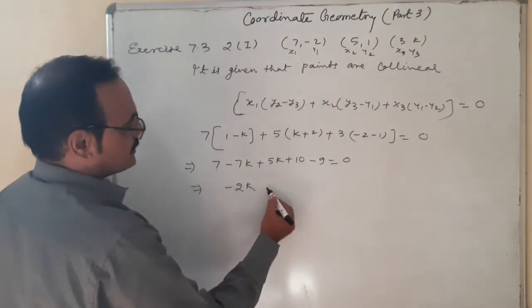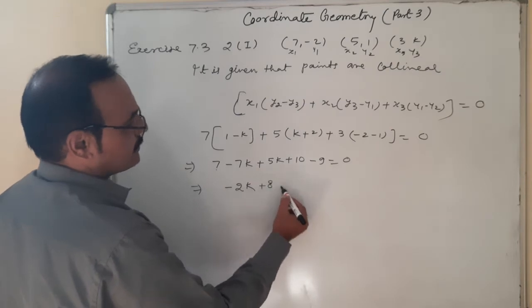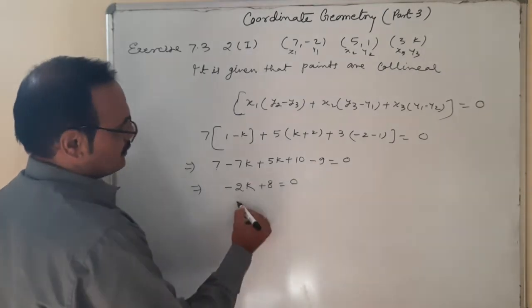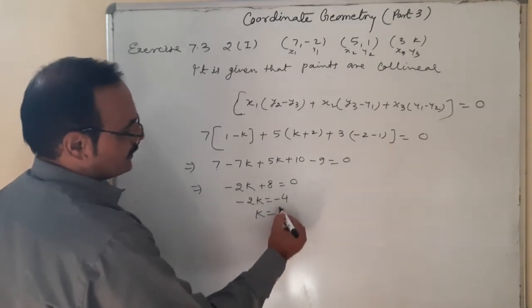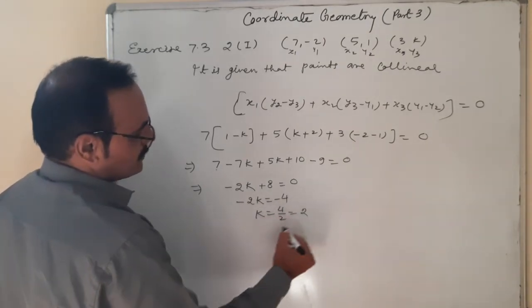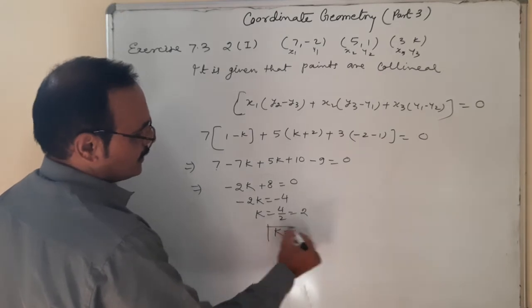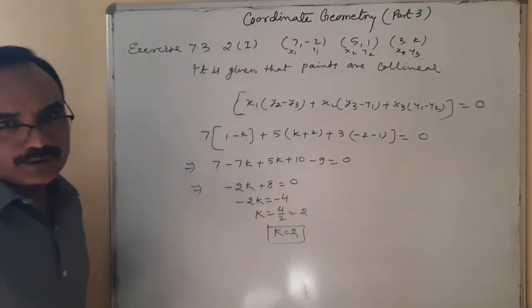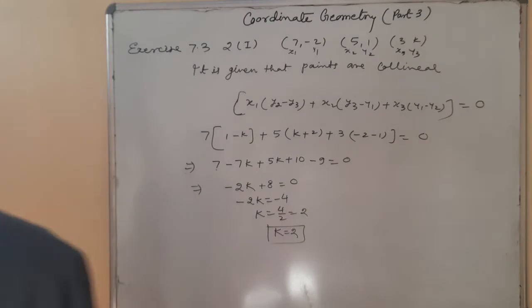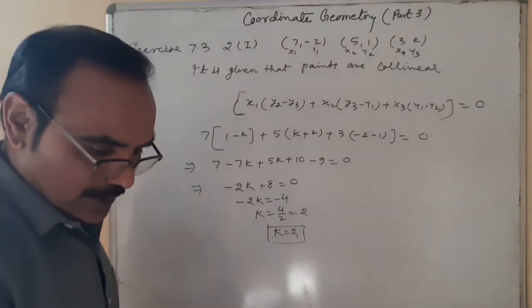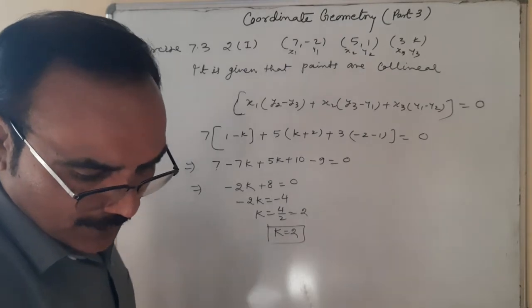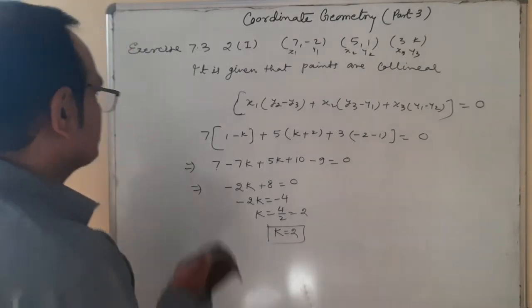So minus 2k plus 8 is equal to 0. So minus 2k is equal to minus 8, minus minus cancel, k is equal to 4. So the value of k is equal to 4 when the points are collinear. Okay. So we'll solve these questions. There is no problem in this exercise 7.3. Some 1 or 2 questions I am taking from the optional exercise.